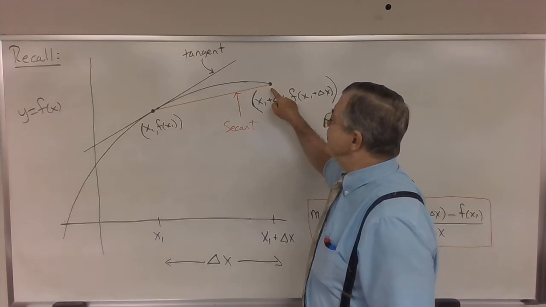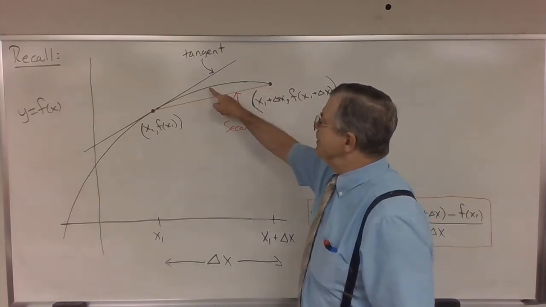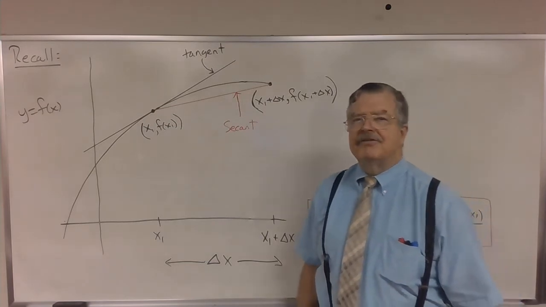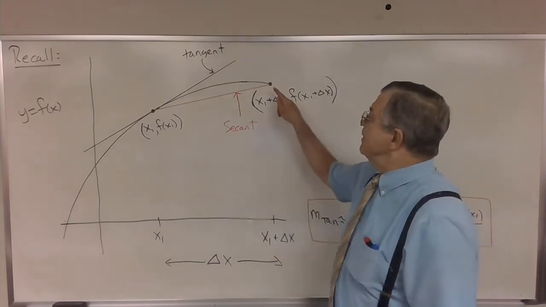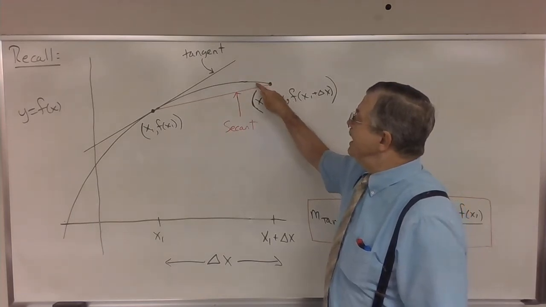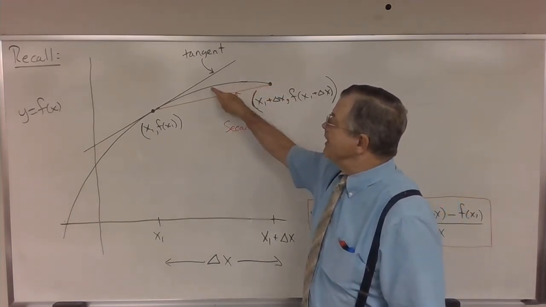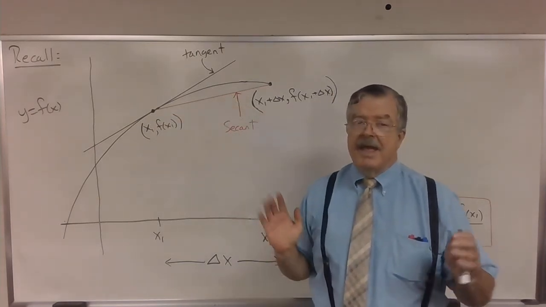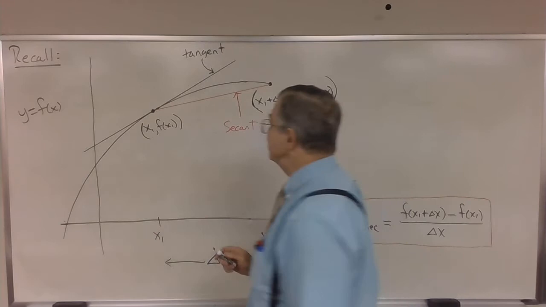Why didn't you pick some point right about here to be the other end point of the secant? Some others of you are saying, well, maybe we can just take this point right here and slide it along the graph so that it's closer to the point of tangency. And I like both of those explanations.